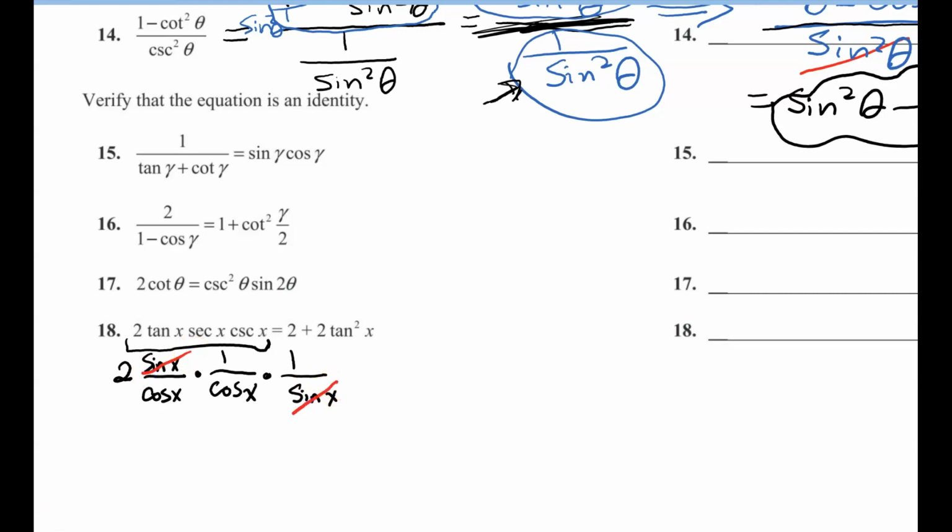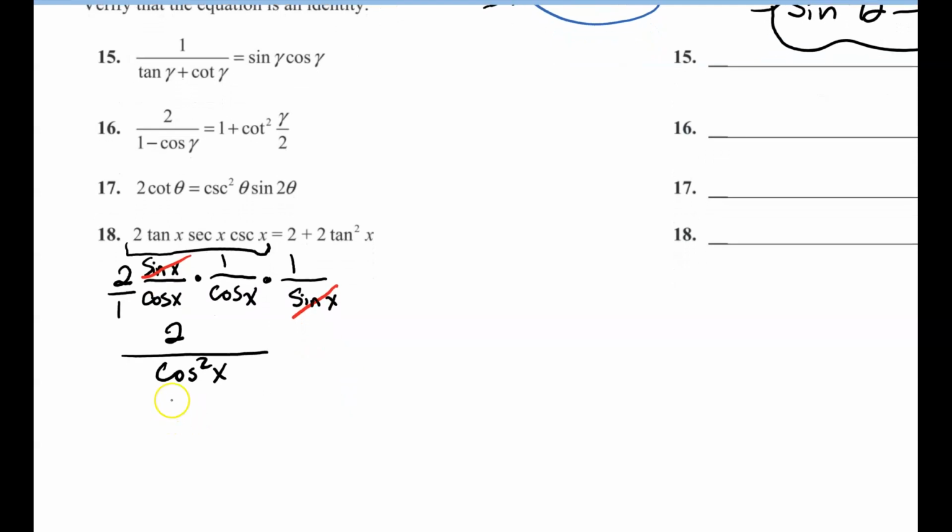And then sine and sine cancel. So what I have is, giving a denominator of 1 to 2, it's 2 on the numerator, cosine squared x on the denominator. That is the same thing as, since 1 over cosine is secant, 1 over cosine squared is secant squared x, but since it's 2 here, you're going to put 2 right behind that.